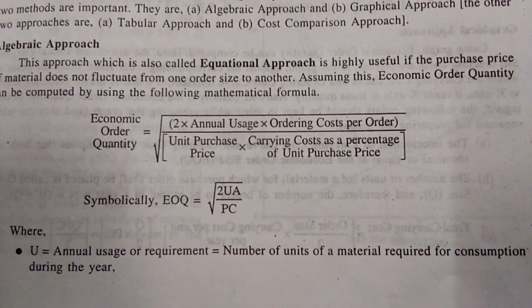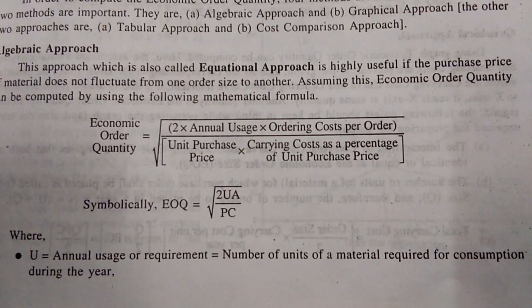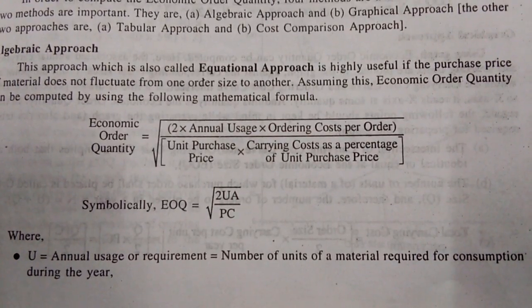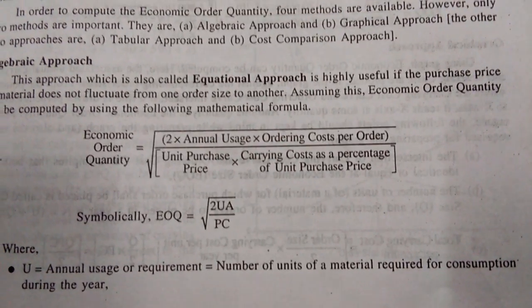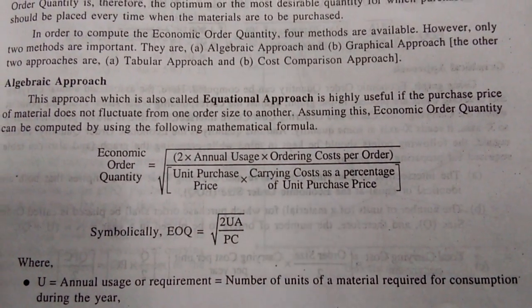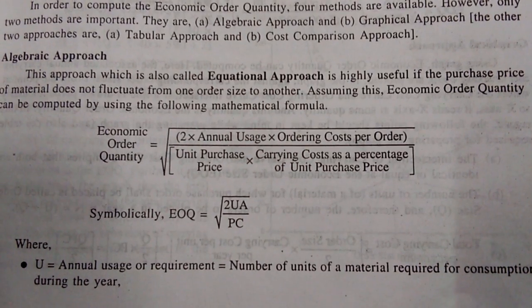Here U equals annual usage or requirement, that equals the number of units of a material required for consumption during the year.